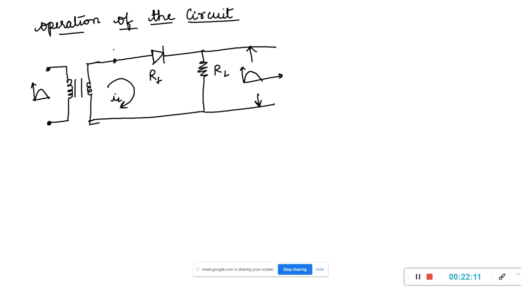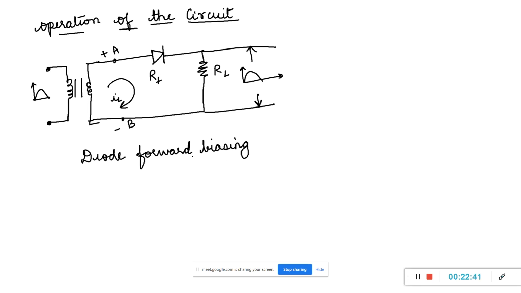This is point A, this is point B, this is plus, this is minus, because this is connected to the positive side and this is connected to the negative side. During the positive half cycle the diode is forward biased. What happens when it is forward biased? Students, first of all, what do you mean by biasing? Biasing is connecting an external DC voltage.